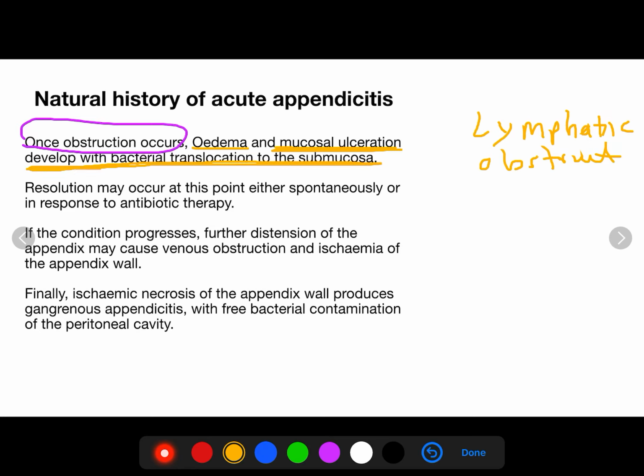At this stage, resolution may occur either spontaneously or in response to antibiotic therapy.